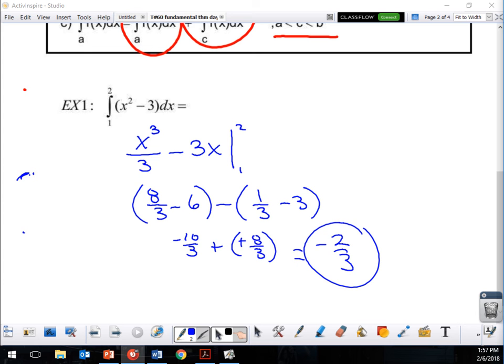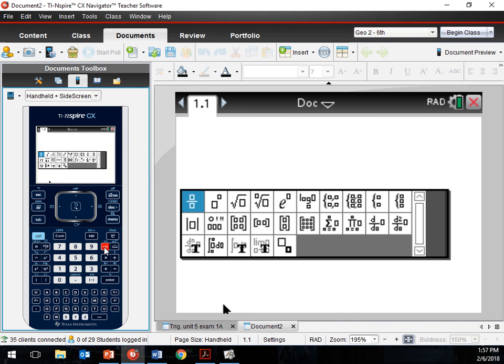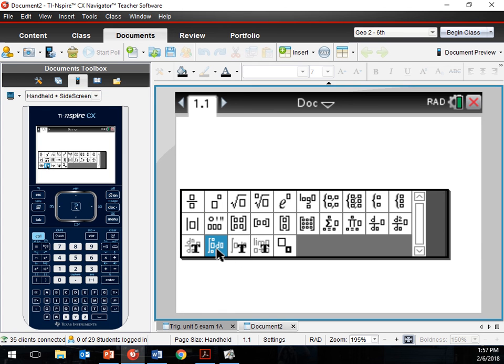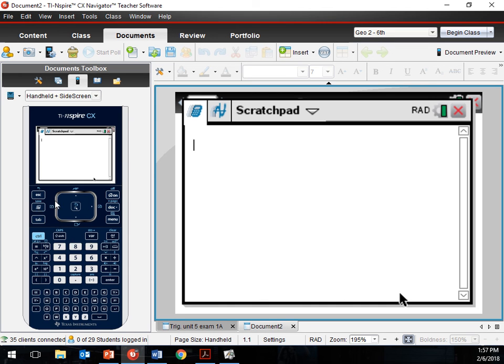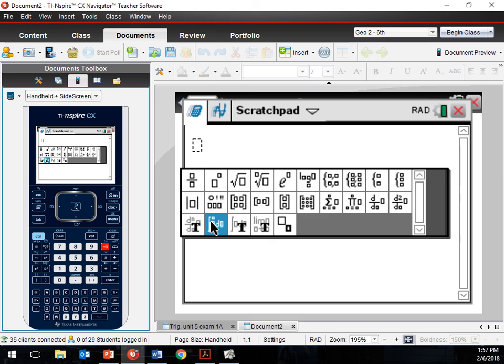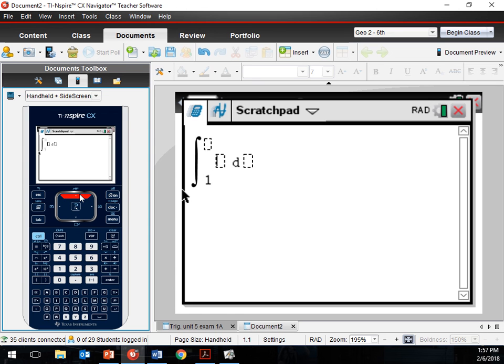So let me see. Integration x squared minus 3. Okay? So watch this. So I'm going to do right here, math, integration, so here it is, math, and this is from where to where? 1 to 2. 1 to 2? 1 to 2 over x squared minus 3.